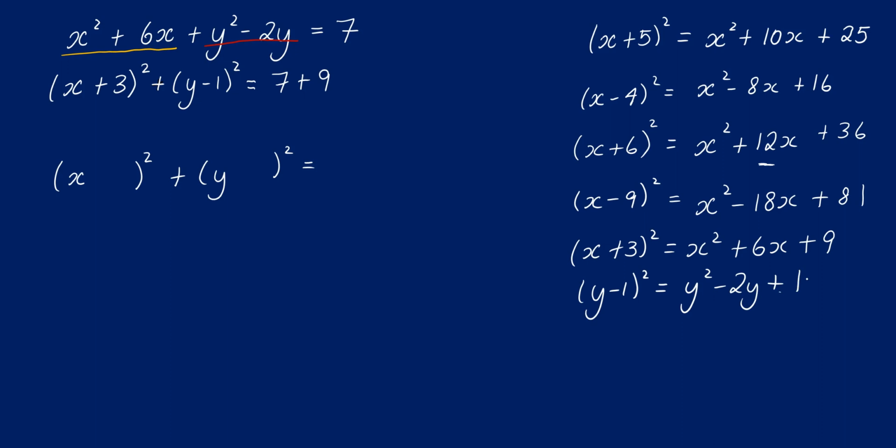Again, what I do to one side, I have to do to the other, so I just add 1 here. So now I've got x plus 3 squared, y take 1 squared, 7 plus 9, 16, plus 1 is 17, and I can now say, therefore, my center is negative 3, 1, and it's got a radius of root 17 units.